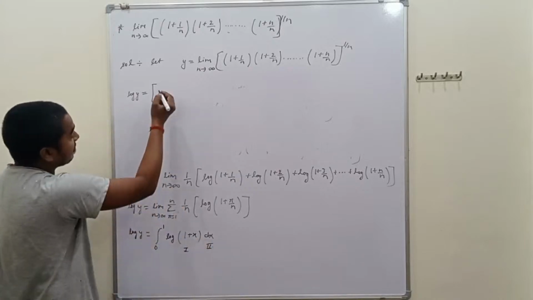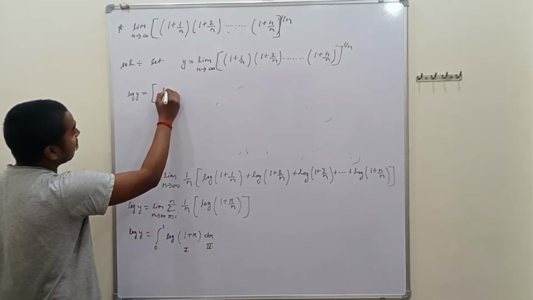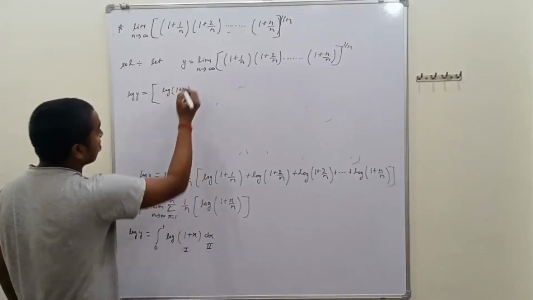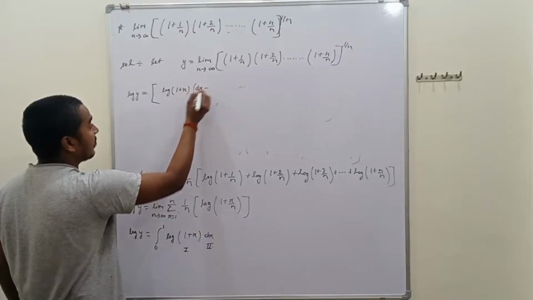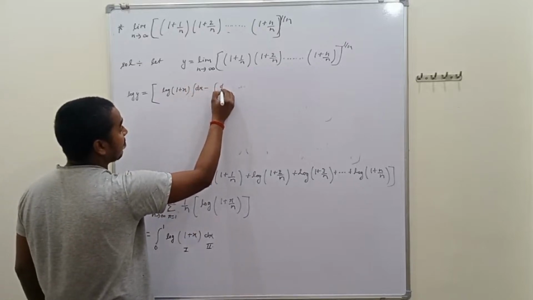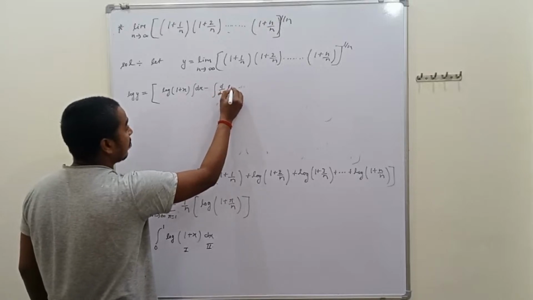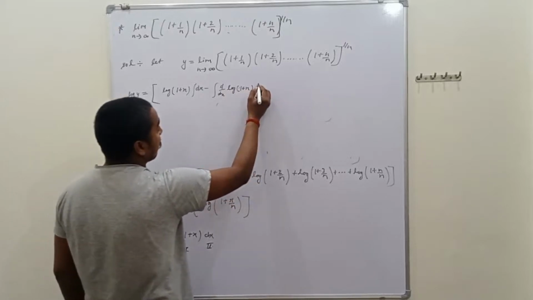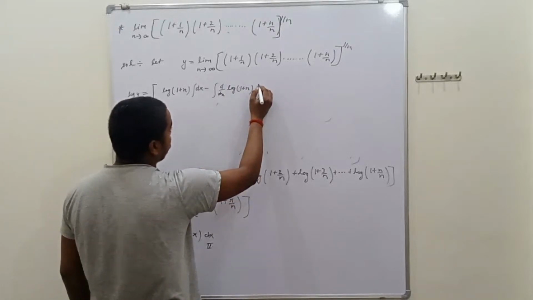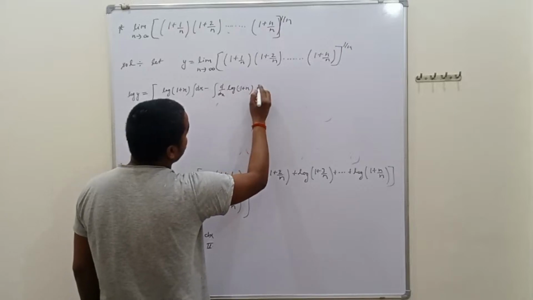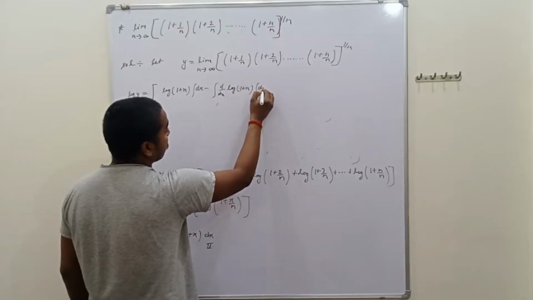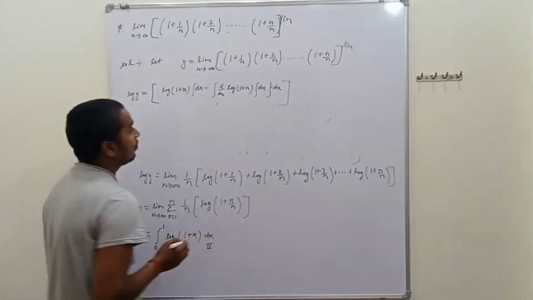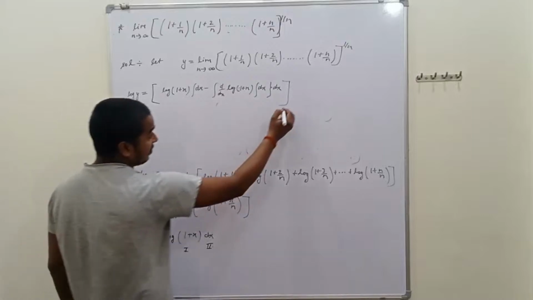The first function is taken outside, that is log(1 + x), and the integration of the second function, dx, minus the whole integration of the differentiation of the first function, that is log(1 + x), and the integration of the second function, that is dx, and whole dx. We can solve, and the limit is 0 to 1.